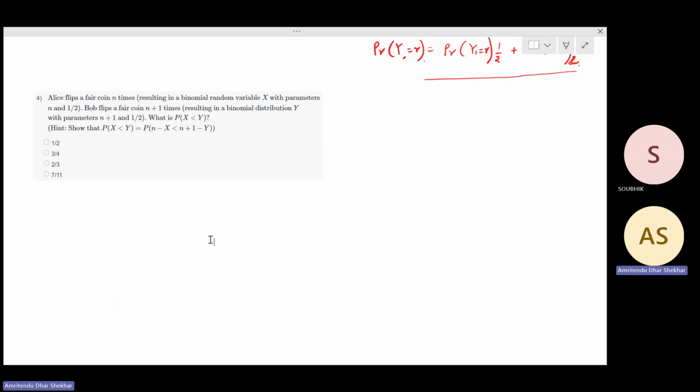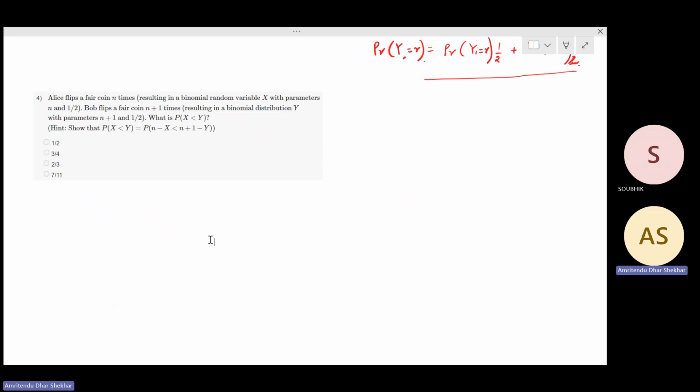So we have two random variables x and y. Whenever we toss a coin, there is an associated binomial random variable which counts the number of heads or the number of tails. In this case, let's assume that x is a binomial random variable that computes the number of heads.